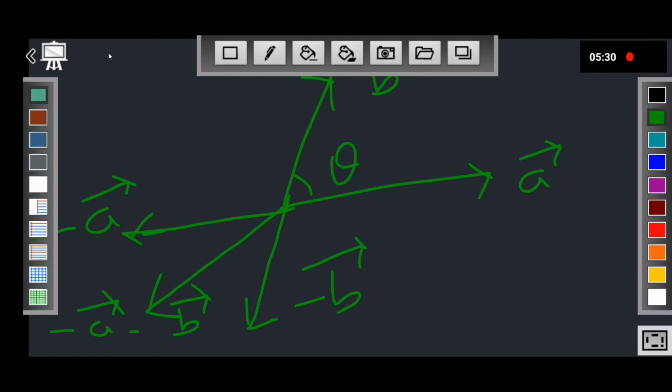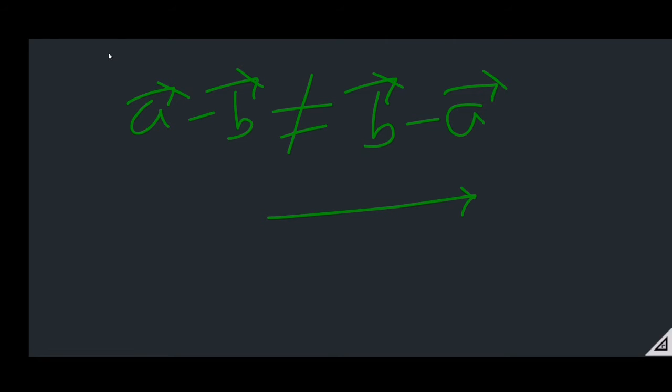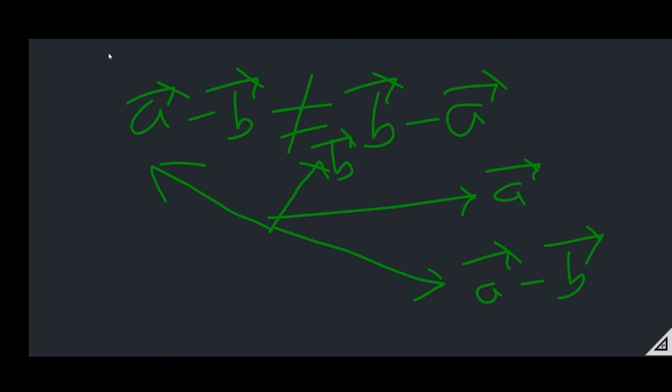Now you have to know that A vector minus B vector and B vector minus A vector are different. A vector minus B vector is not equal to B vector minus A vector, because in the diagram you have seen, if here is A vector and here is B vector, then A vector minus B vector is in this plane, and B vector minus A vector is in a different plane.